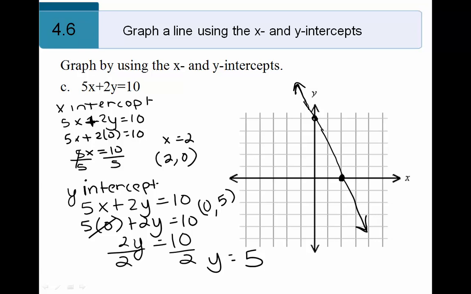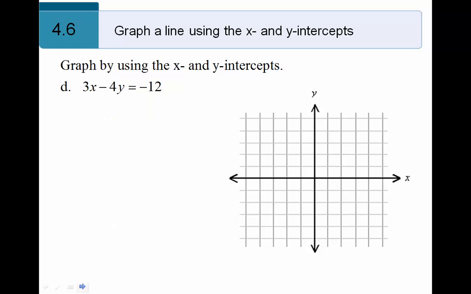So here was your x-intercept, and here's your y-intercept, 0, 5. Let's try another one. I'll try to be neater. 3x minus 4y equals negative 12, x-intercept. I'm not going to rewrite the equation.